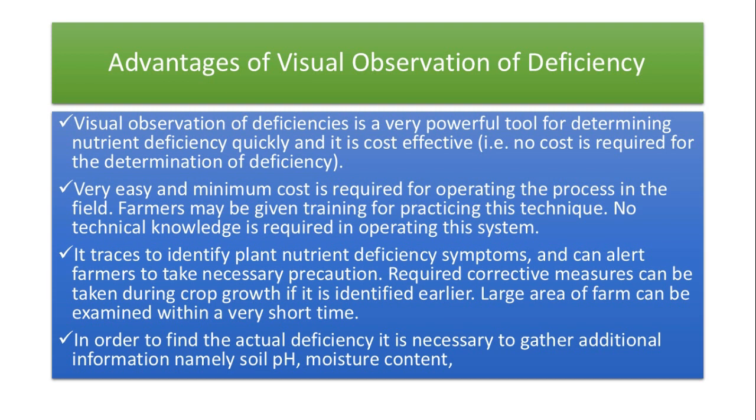Required corrective measures can be taken during crop growth if it is identified earlier. A large area of the farm can be examined in a very short time. In order to find the actual deficiency, it is necessary to gather additional information, namely soil pH, moisture content, etc.